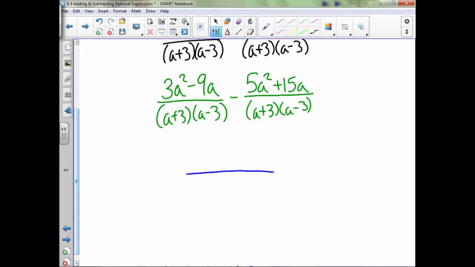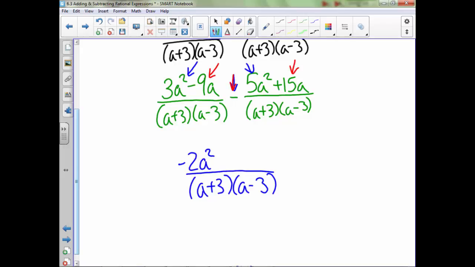So we know our denominator is going to be a plus 3 times a minus 3. Our squared terms, we have 3a squared minus 5a squared. So we're left with negative 2a squared. And then we have negative 9a minus 15a. So we have negative 9 minus 15, or negative 24a.